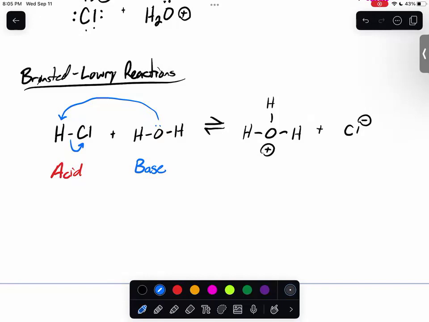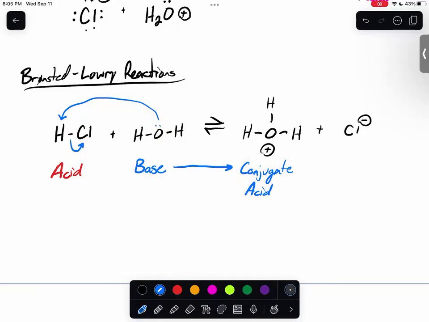Now, what you need to know in terms of definitions is that your base in the product will become what is called your conjugate acid. The reason it's called your conjugate acid is because upon becoming protonated, upon grabbing that proton, it is now more acidic than it was.